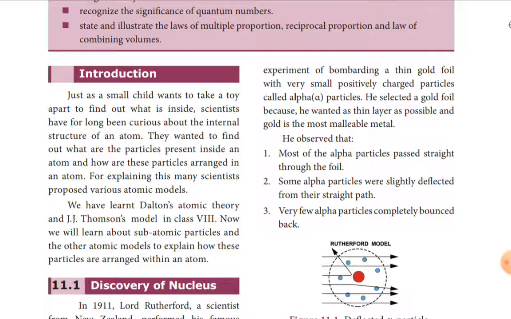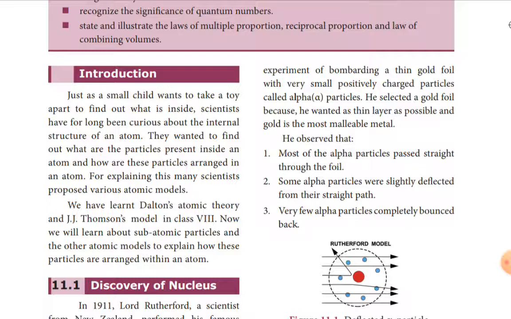But this atomic model failed because of the discovery of the fundamental particles, electron and proton. The discovery of the fundamental particles electron and proton inside the atom led to the failure of this aspect of Dalton's atomic theory.